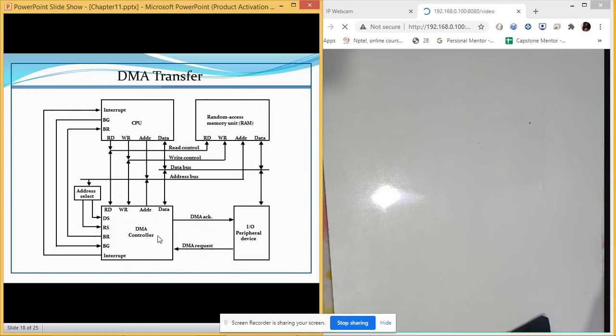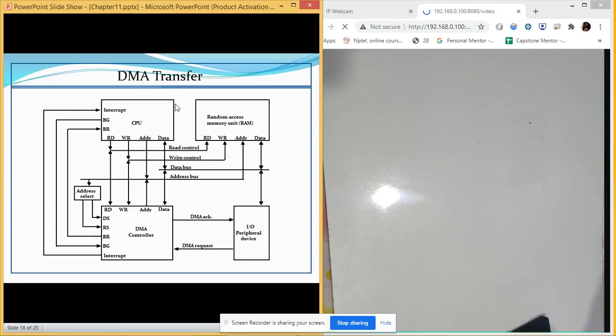Once the DMA controller has got the bus grant, it acknowledges the input output device that it can transfer the data. So the data transfer is done directly by using the DMA controller, and this input output peripheral device sends its data to RAM. In the meantime, while the data is getting transferred, your CPU remains idle.